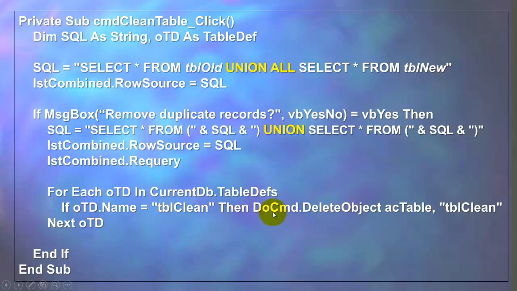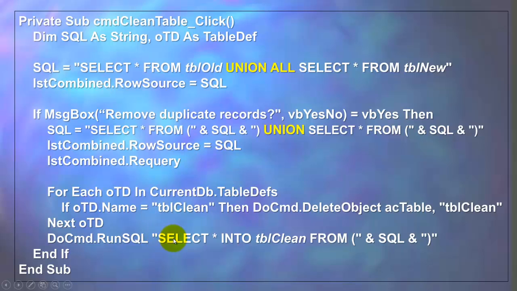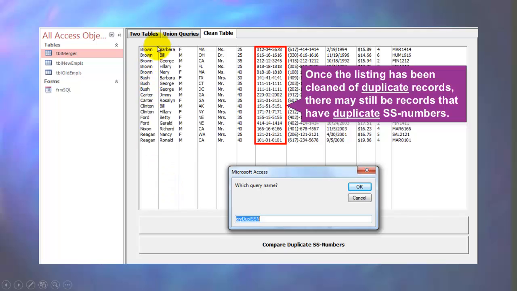If there is, this time we are going to delete that object by using the do command again. And then we run the statement select into table clean from the union statement with or without all. And we got a cleaned up list, let's say.